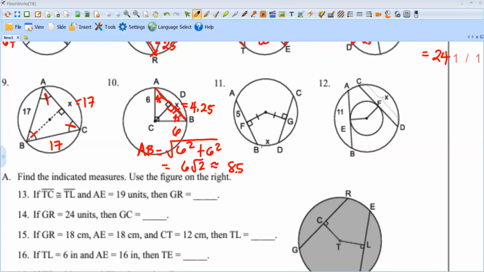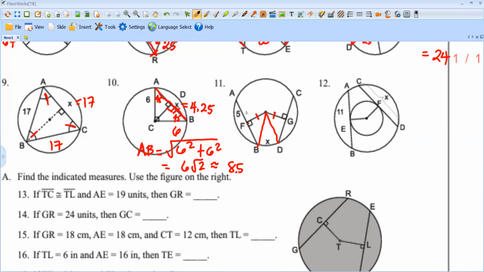I think they're looking for arc BD, right? So this is 5. This is also 5. So these two chords, AB, are equal to CD. Now this is equivalent to that. So therefore, if that is 90 degrees, this is also 90 degrees. So that is a right triangle. That is another right triangle. So these two are equal.